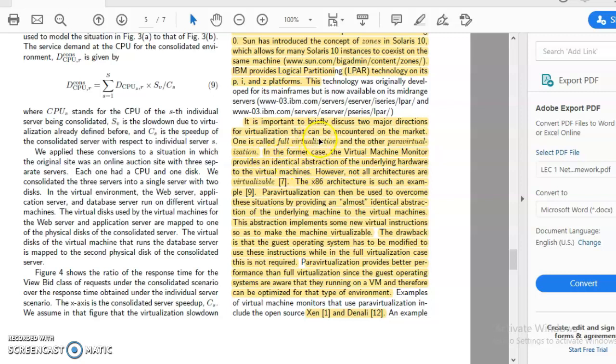What is the difference between the two, full and para? In full virtualization, the VMM provides an identical abstraction of the underlying hardware to the virtual machines. However, not all architectures are virtualizable.